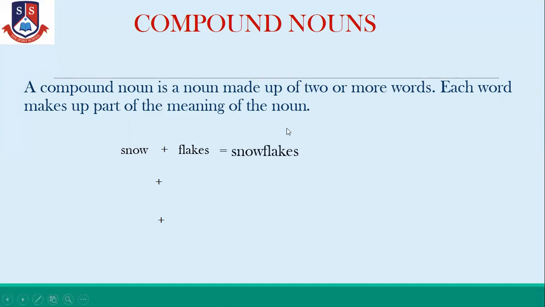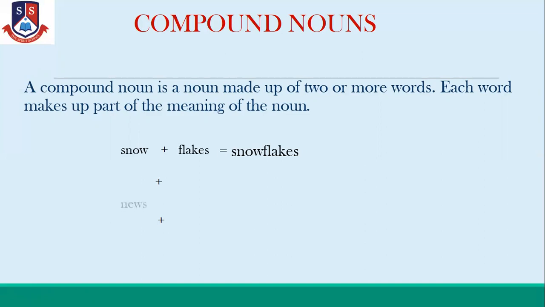It itself is giving a different meaning. Snow has a meaning, and flakes has a meaning, right? But when they join together, they make a compound noun, snowflakes, and it gives a proper separate individual meaning, right?